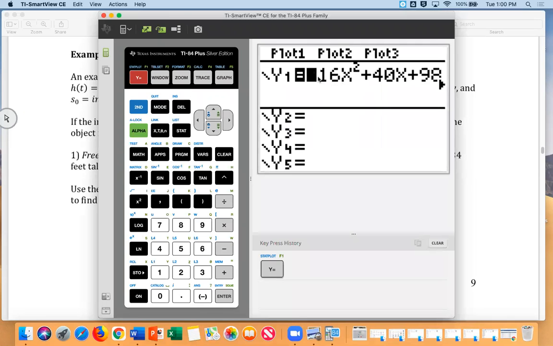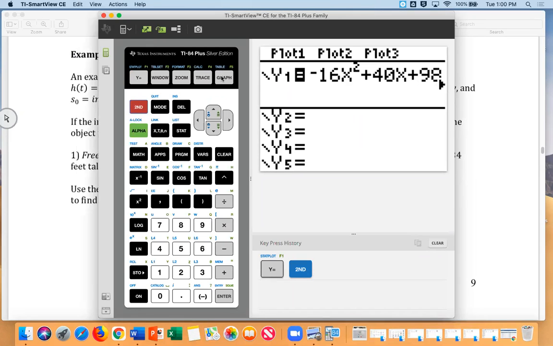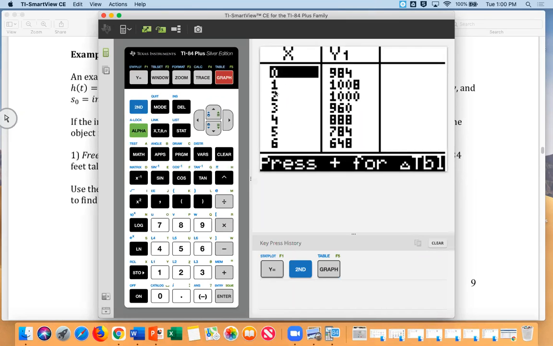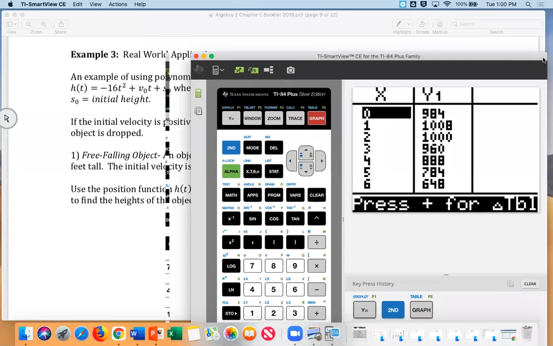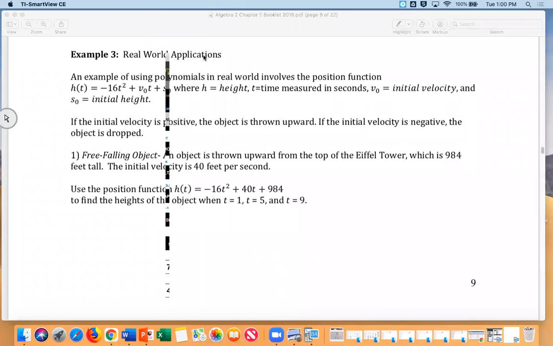So I enter my equation, it's right there in the y equals, and now I hit second graph to bring up the table. And it's right here. Now, this just made this whole problem very simple. I want to know what is the height of the ball after 1 second.